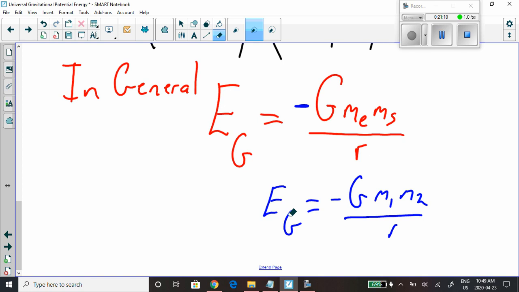Universal gravitational potential energy is a negative value by definition. And that's going to have a lot of mathematical ramifications as we move forward. Take your time, think about this. I'm telling you, universal gravitational potential energy, by definition, is negative.